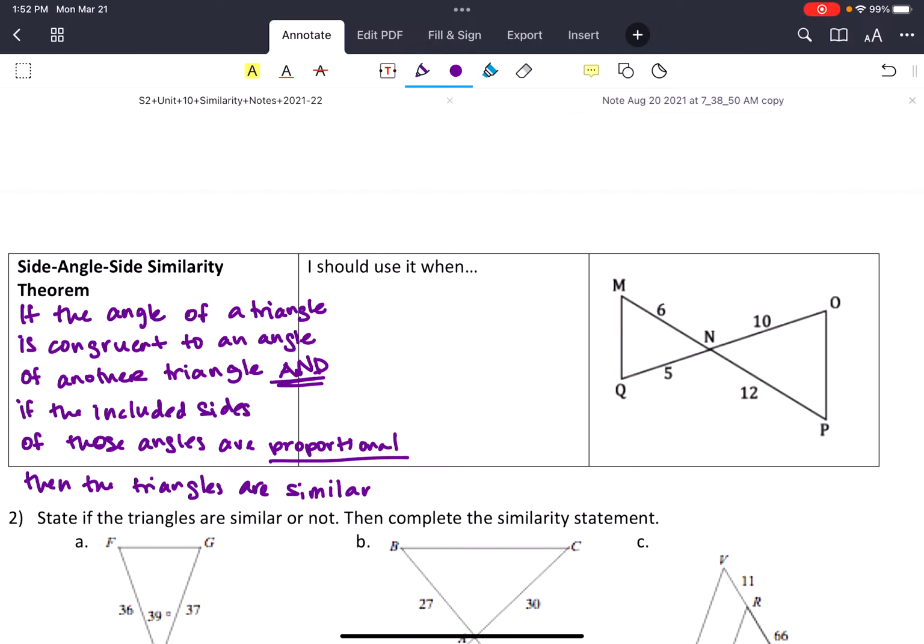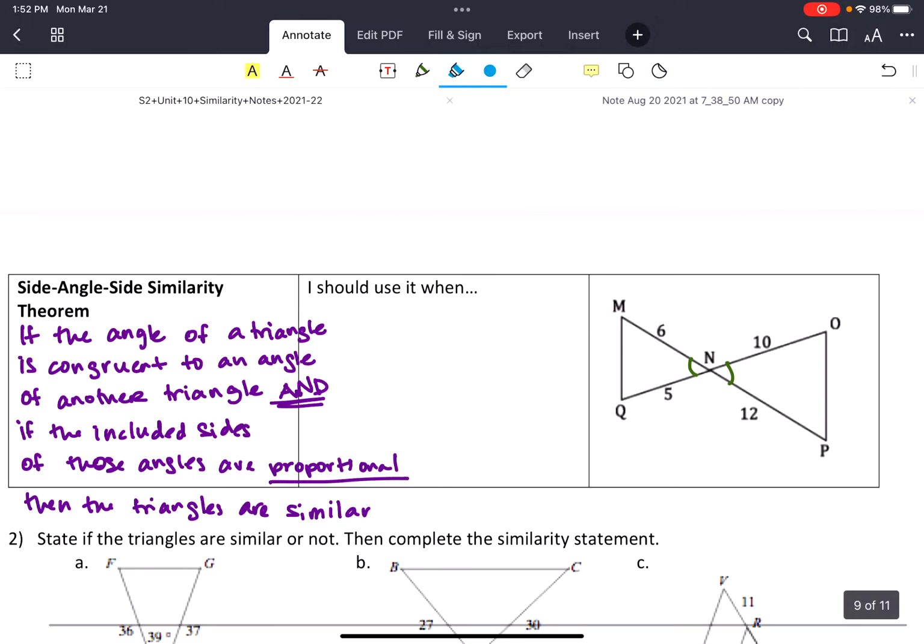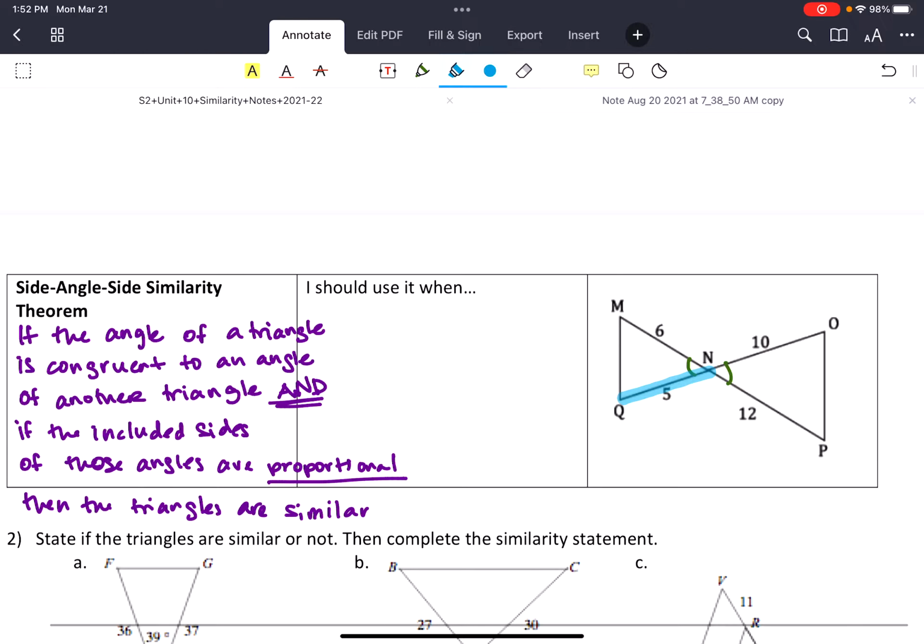I'm going to show you in the example what we are talking about. So our angle here is N. In this example, that is a vertical angle, and that is congruent. And then on the triangle on the left, NMQ, I have these 2 sides, the 5 and the 6, that lock the angle N in place.